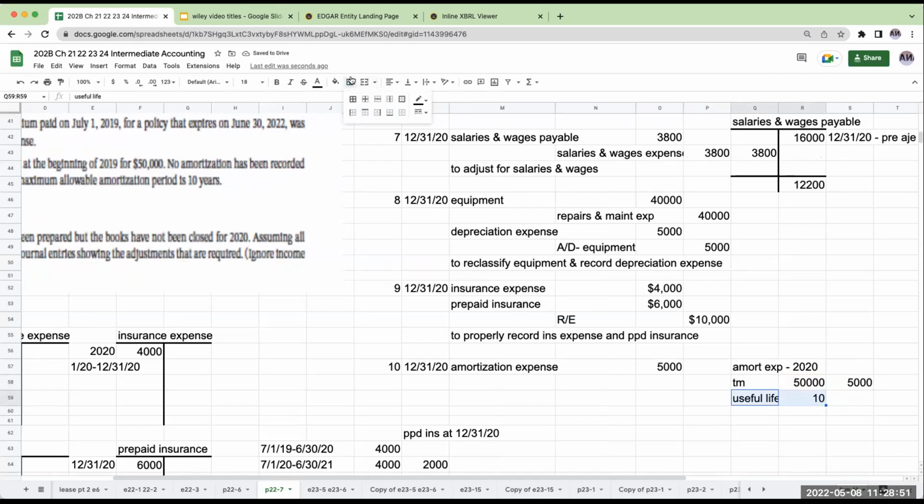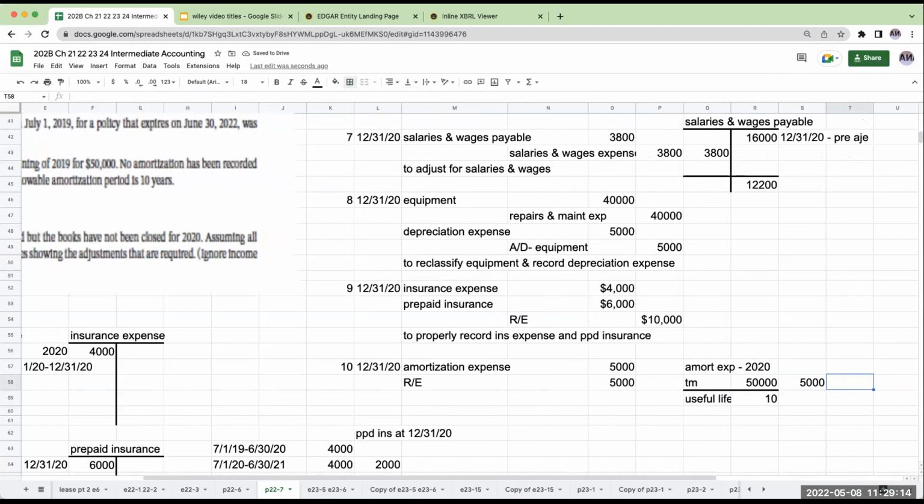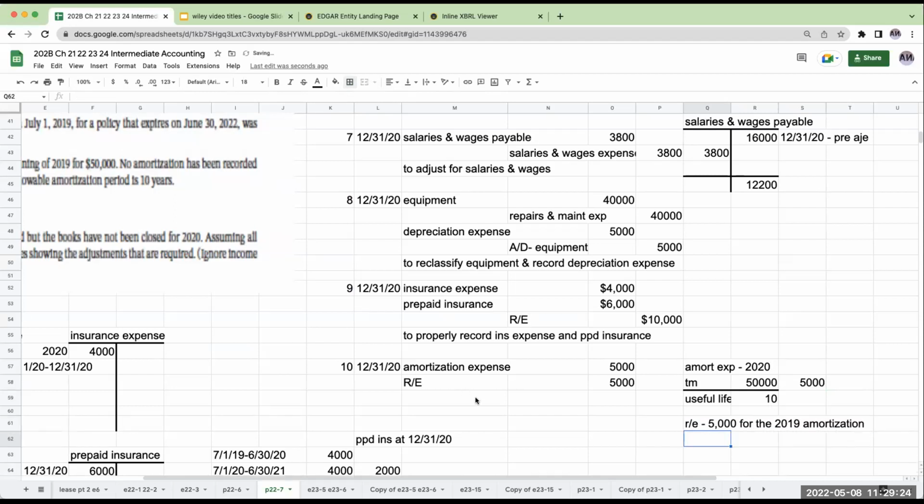But the challenge here is that this isn't exactly correct because I've only shown 1 year. I can't show the expense from 2019 onto this part over here. So I'm going to go ahead and debit retained earnings, and this is essentially for the 2019 amortization. So this would more than likely be a prior period adjustment.